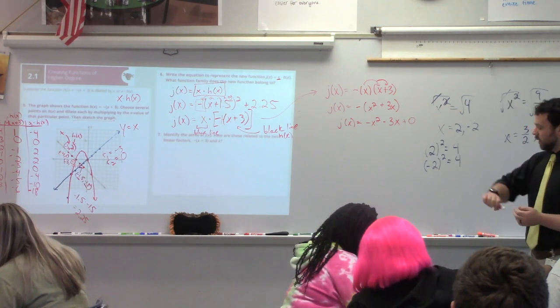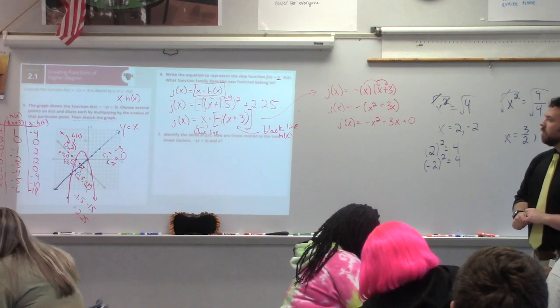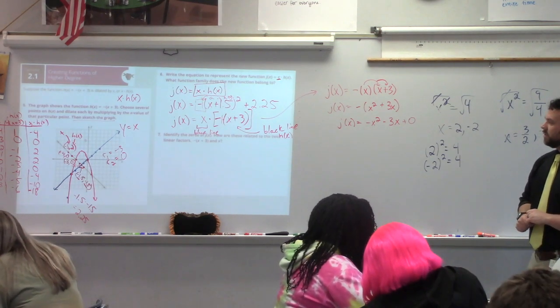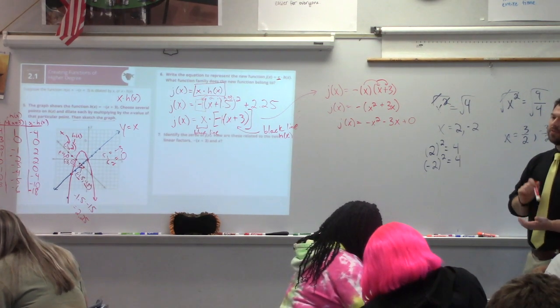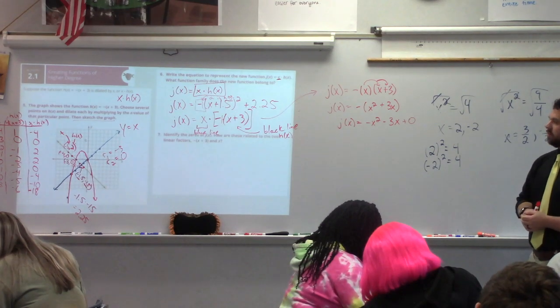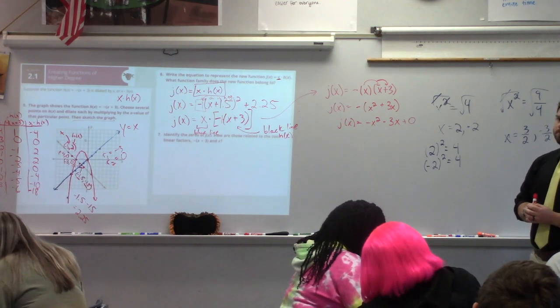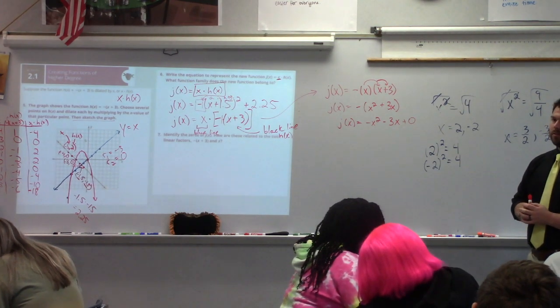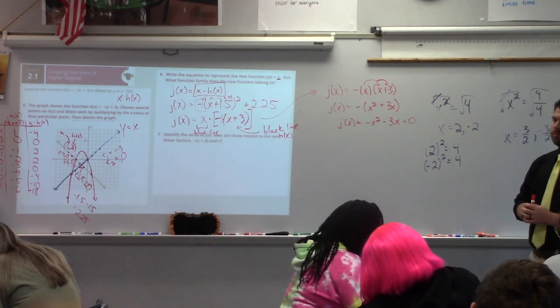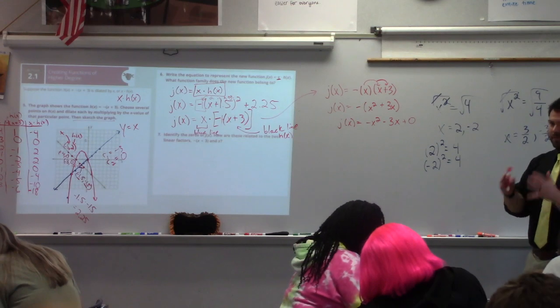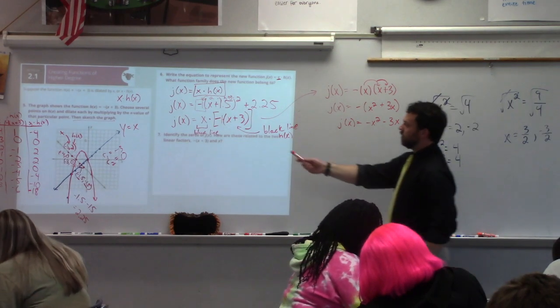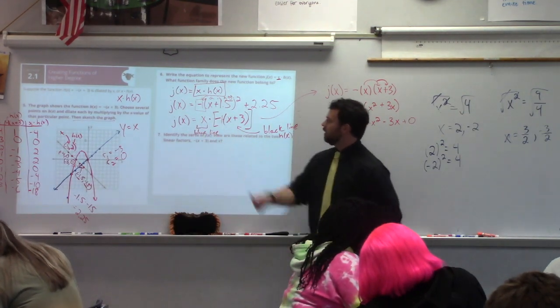So, hopefully 7 shouldn't take us long. Please notice, identify the zeros of j of x. Which function is j of x? Say it loud. The parabola, right? That red function was j of x, right? J of x equals all of this.